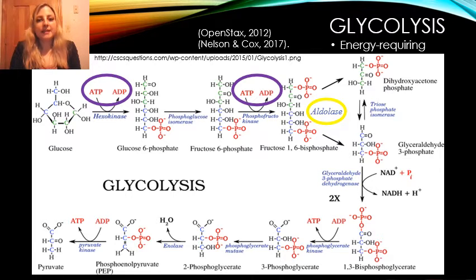We will discuss this enzyme known as aldolase in much more detail later in this presentation. The dihydroxyacetone phosphate can be readily converted to glyceraldehyde 3-phosphate by triose phosphate isomerase. The remaining reactions in this process are energy-producing reactions.